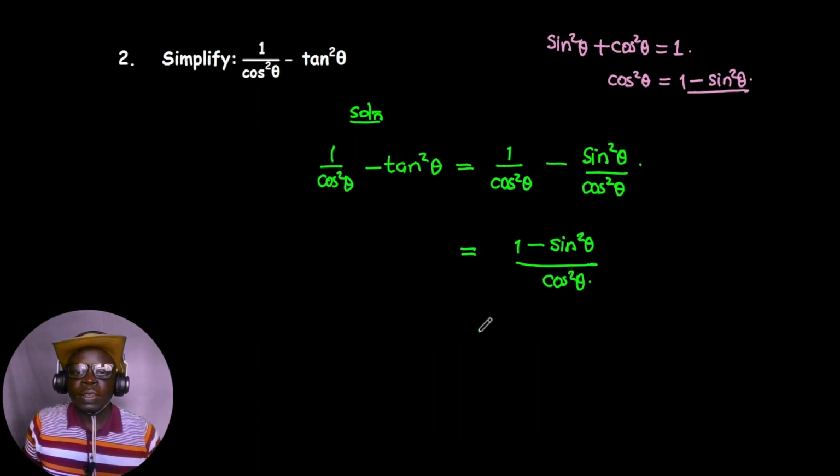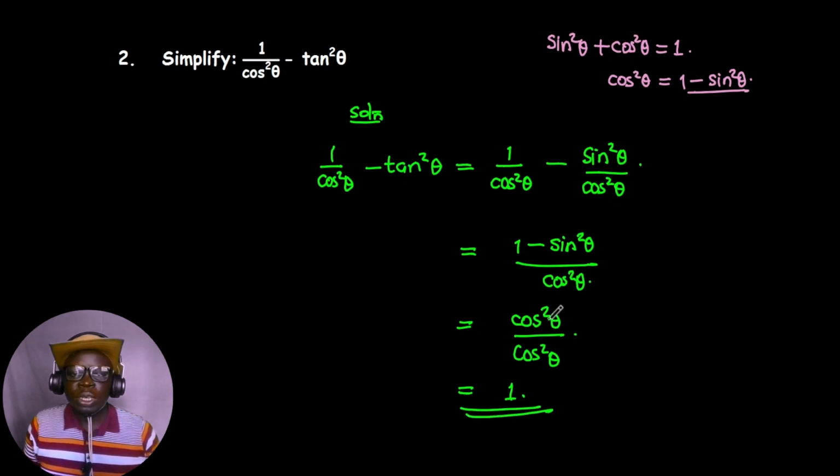Therefore, we can replace the numerator by cos square theta. So when you have cos square theta over the same denominator, cos square theta, this divides to 1. And therefore, that is the simplified version of question number 2. It's just straightforward, and I think we have all gotten it well. So let's move on to question number 3, and that is the last question for this video.